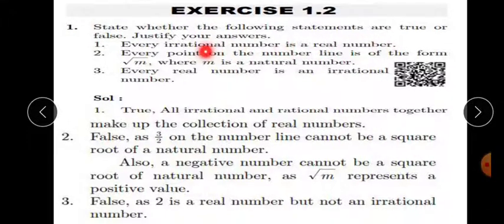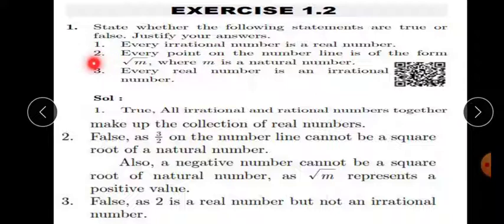So yes, every irrational number is a real number, so the answer is true. All irrational and rational numbers together make up the collection of real numbers. Got it clear? It is true, because an irrational number also comes under real numbers.